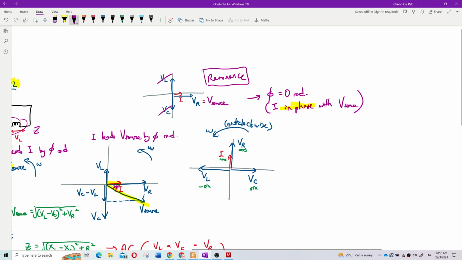Okay. So one more thing: if phi is 0, cos 0 equals 1, the power factor.